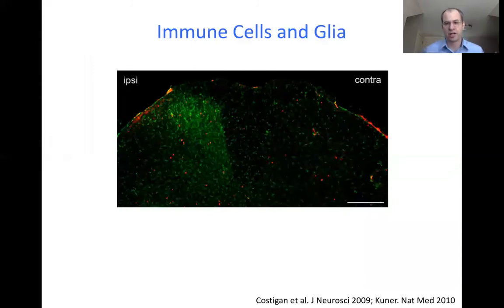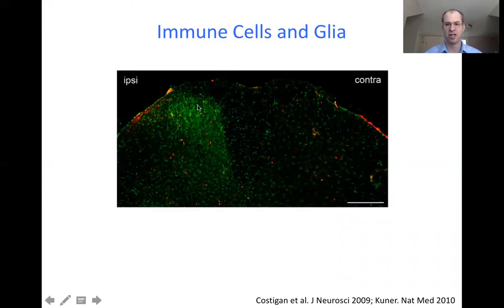There are changes that occur in the neuronal milieu from other cell types, in particular immune cells and glia. So this slide shows a marker in green of T cells, and on the side ipsilateral to a nerve injury model, there's a massive influx of T cells into the dorsal horn where these second order neurons are, as opposed to the contralateral side where there's very little.